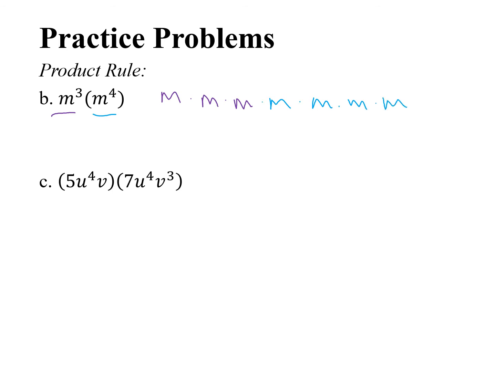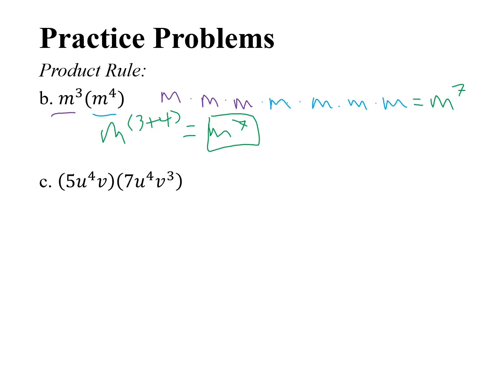If I see this here, I know from previous math classes that this expanded form tells me m times m times m times m times m times m times m, which is the same thing as m to the power of 7. I have m multiplied by itself 7 times. If I use my product rule here, this tells me m to the power of 3 times m to the power of 4 is m to the power of 3 plus 4, which is m to the power of 7. Same answer. I can do it in expanded form, or I can use my rule.